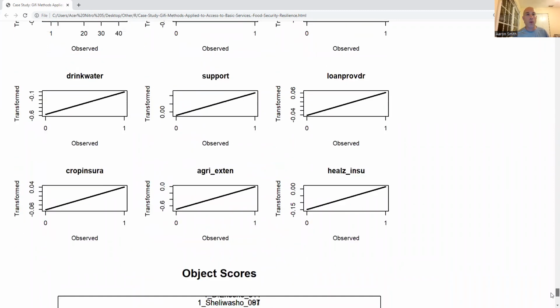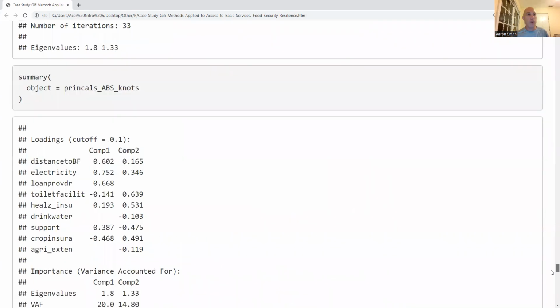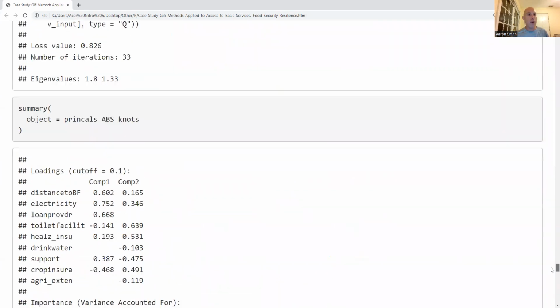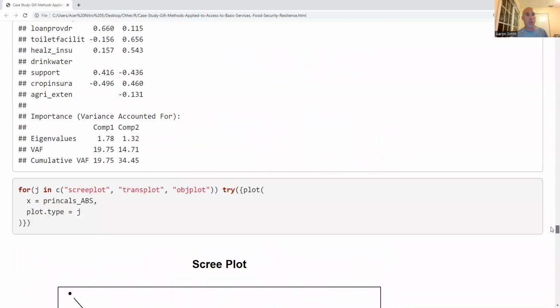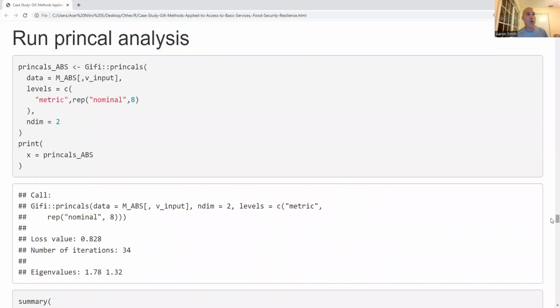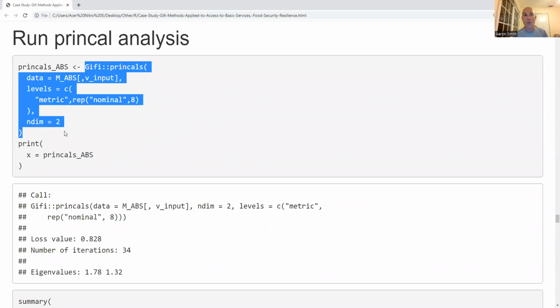So the most important part of this model, and I would personally use the regular PRINCALS. I feel like that's the simplest one. You know, actually, that's not the one I want to scroll to. Here we go. This is the model that I would choose off of this data set to work with, just off of what I'm running with. We've got a mixture of data types, and so I need to be able to include nominal data.